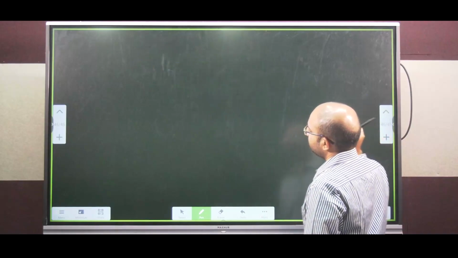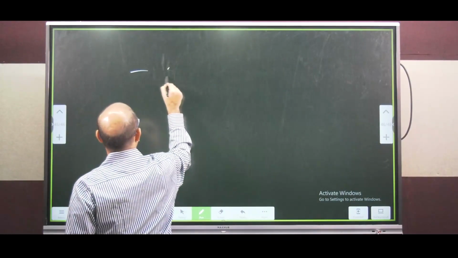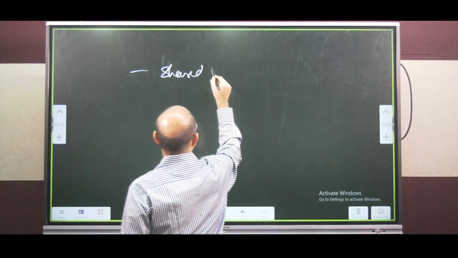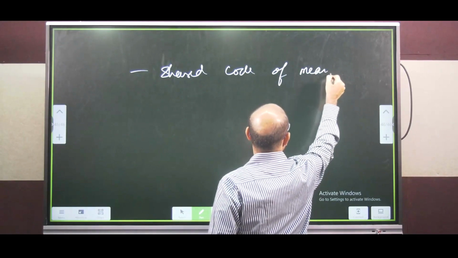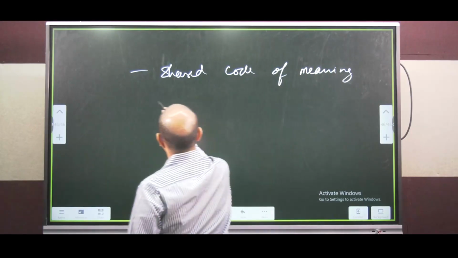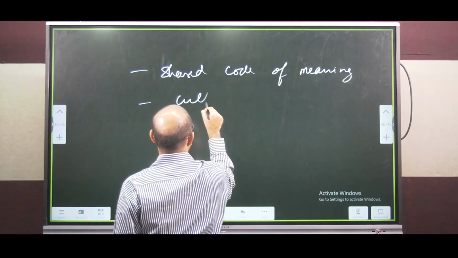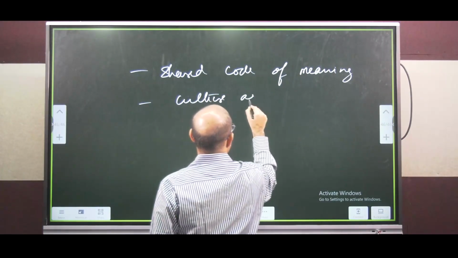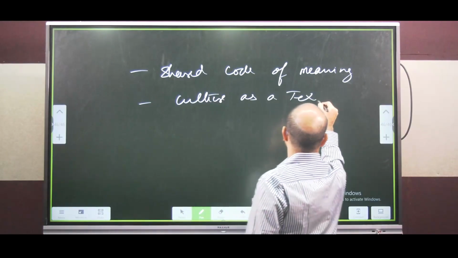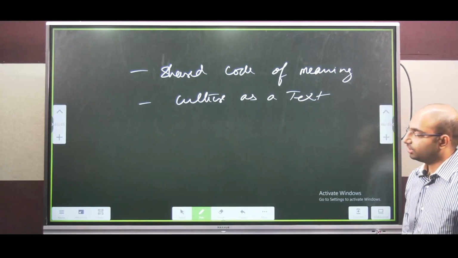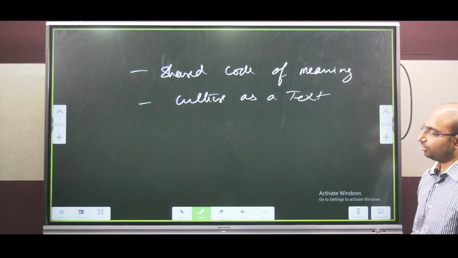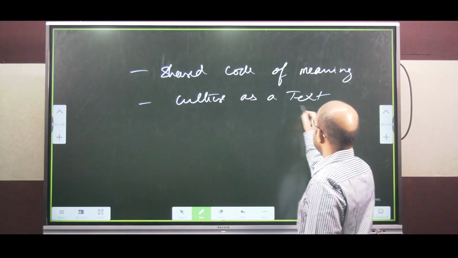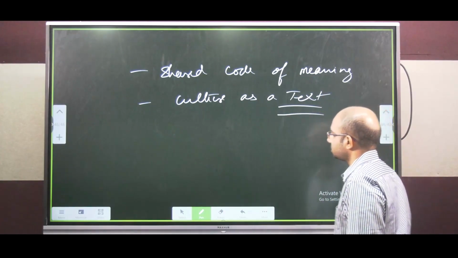So he believes that culture is a shared code of meaning. And he looks at culture as a text. Culture is like a text, and the role of the anthropologist is to interpret this text and see what it could mean. The role of the anthropologist is to discover the hidden meaning of this text.